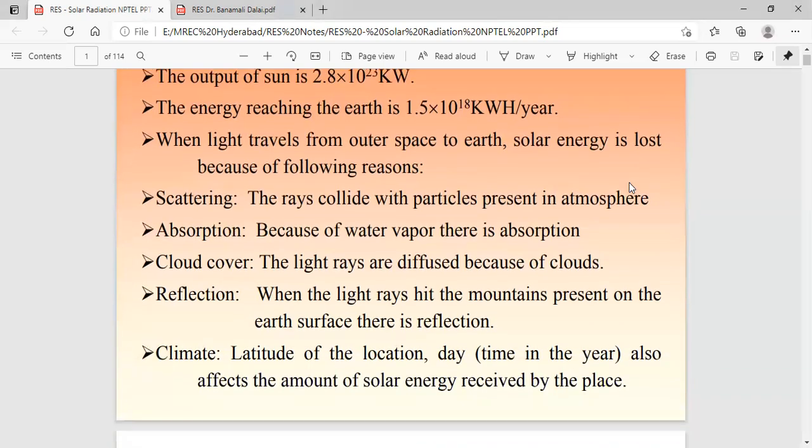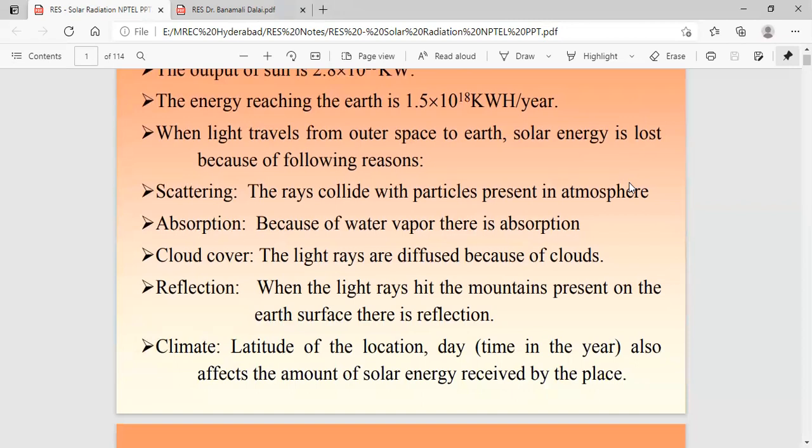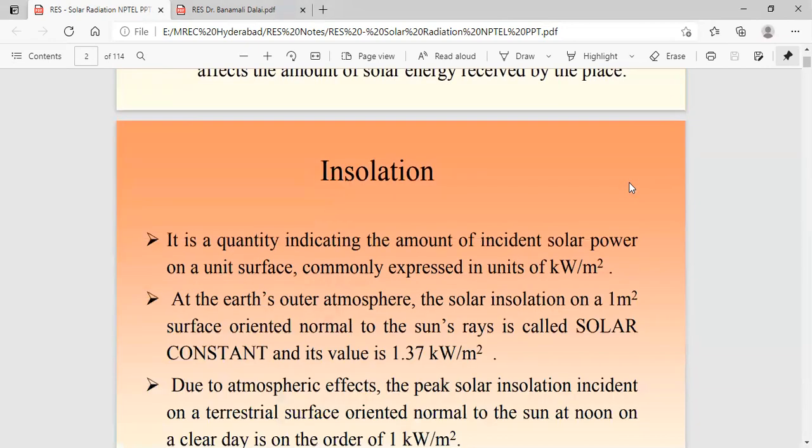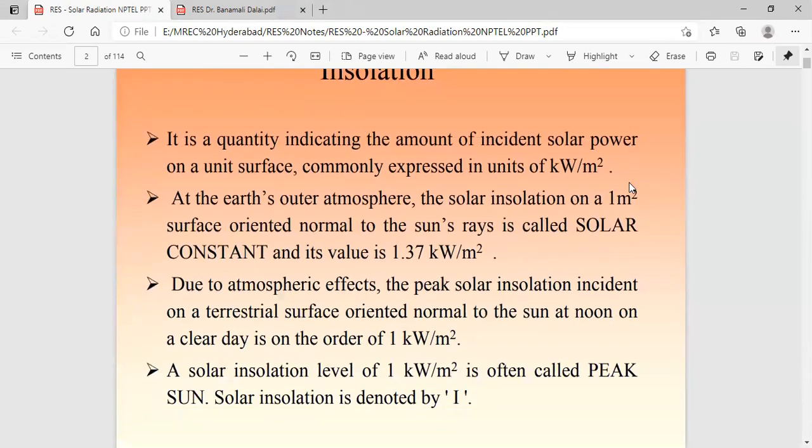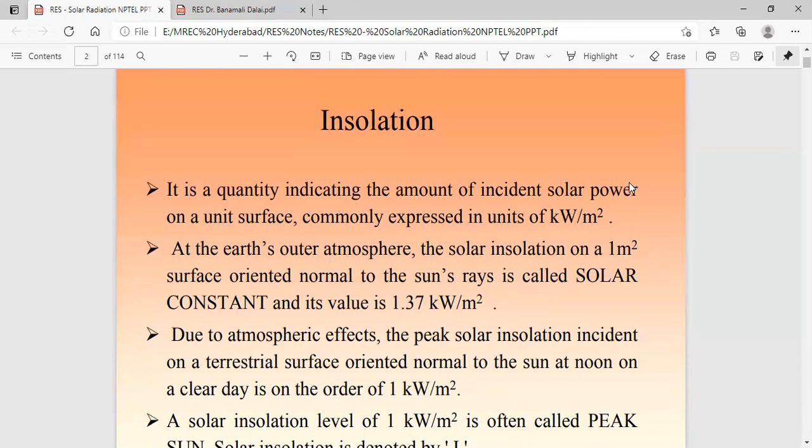Next, climate. Latitude of the location, day, and time in the year also affect the amount of solar energy received by the place. Next, insolation. It is a quantity indicating the amount of incident solar power on a unit surface, commonly expressed in units of kilowatts per meter squared.